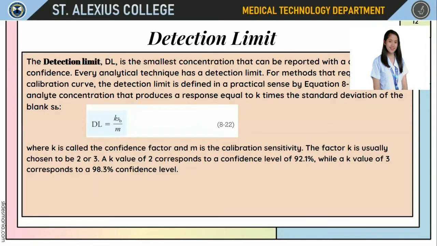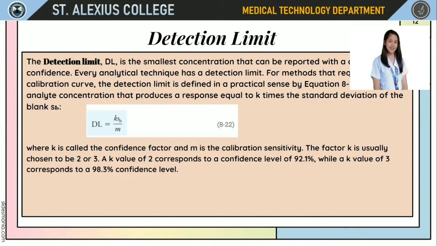The next is the detection limit. The detection limit, or DL, is the smallest concentration that can be reported with a certain level of confidence. Every analytical technique has a detection limit. For methods that require a calibration curve, the detection limit is defined in a practical sense by equation 8-22.